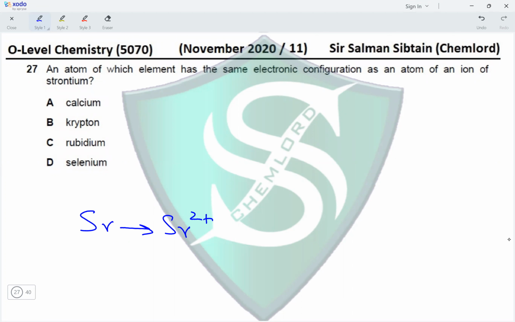So strontium belongs to period 5. So the noble gas above strontium in period 4 is krypton. So the electronic configuration of Sr2+ becomes equal to the electronic configuration of krypton, making option B the correct option for this question.